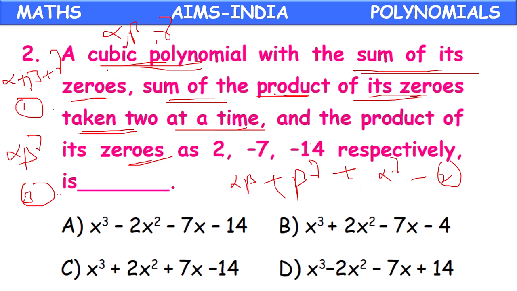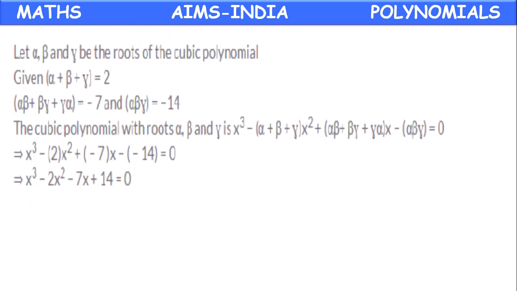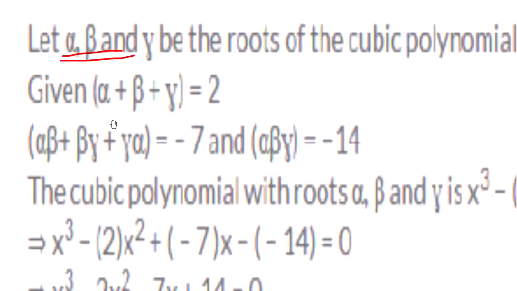So then, what is that cubic polynomial? If they have given these values, 1, 2, 3, then what is the cubic polynomial that we have to find? So let alpha, beta, gamma be the roots of the cubic polynomial. Alpha plus beta plus gamma, they have given 2. Product of 2 at a time, minus 7.